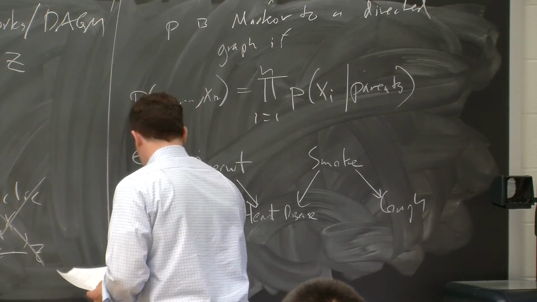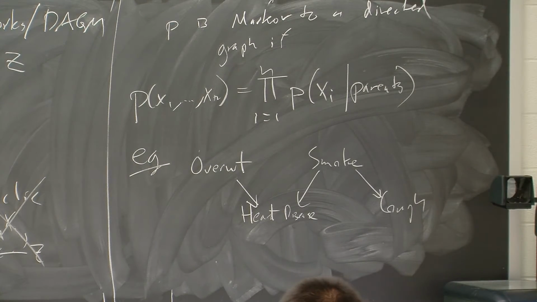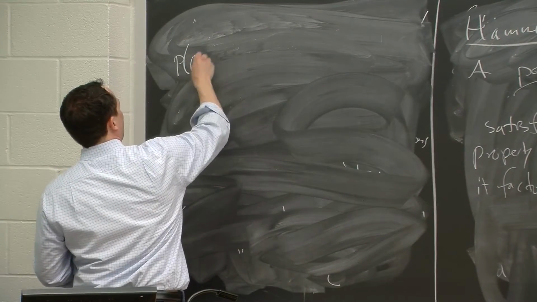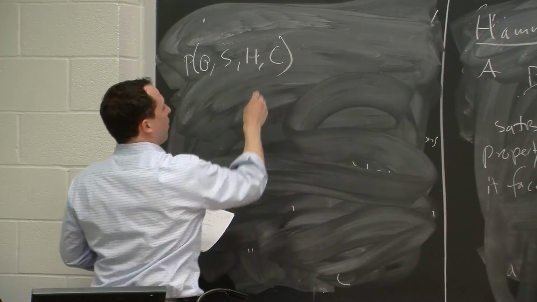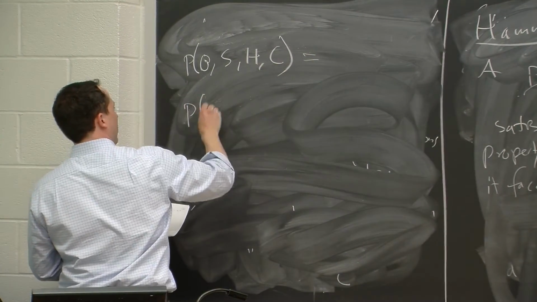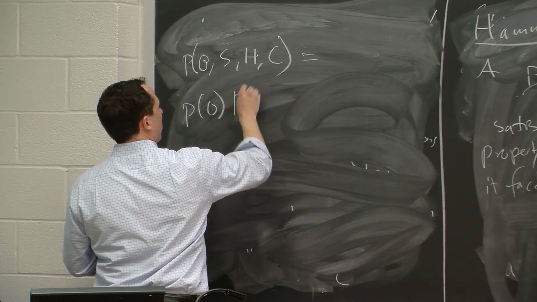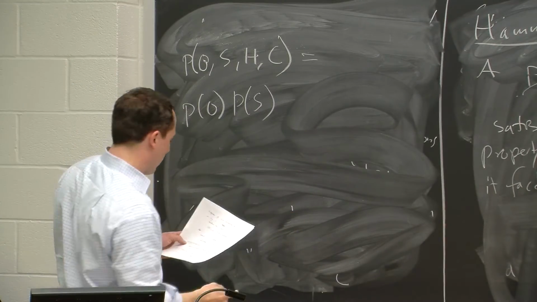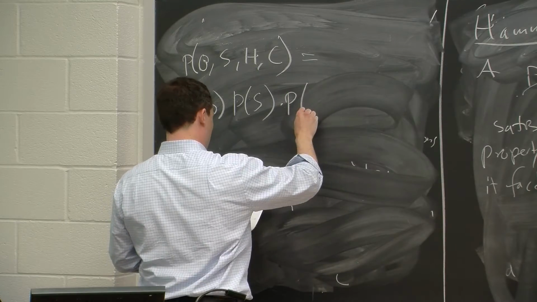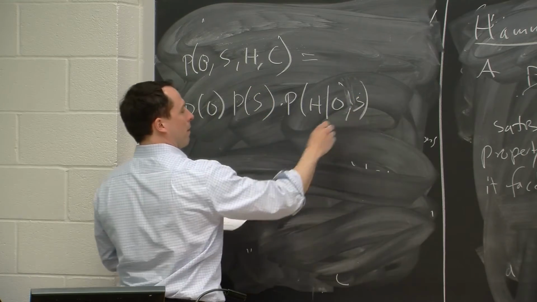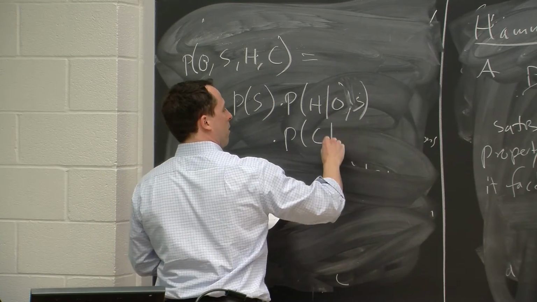So the probability of overweight, smoking, heart disease, and cough factors as the probability of overweight, which is a root distribution, probability of smoking, so those are unconditional, times the probability of heart disease given overweight and smoking, because it has two parents, times the probability of cough given smoking.